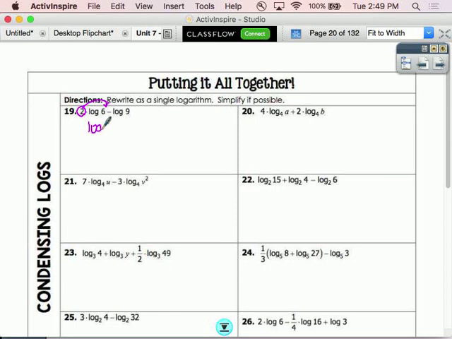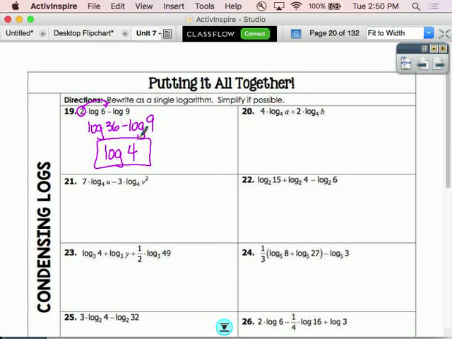Log of what? 6 squared, which is 36, minus log of 9. So I brought the exponent back to the 6. 6 squared is 36. What does minus tell us to do? Divide. So 36 divided by 9 is 4. You cannot simplify this. So we have log 4.